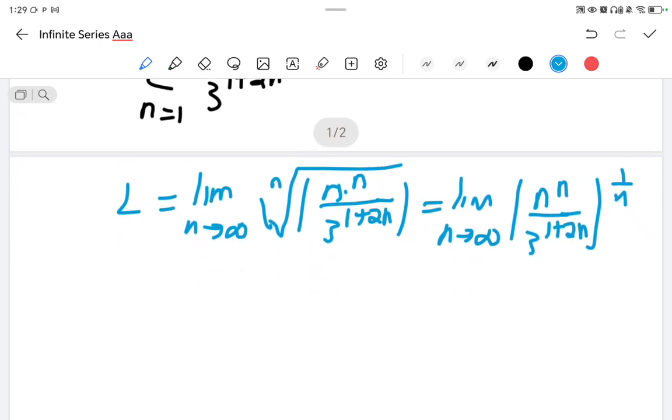Now if I apply that exponent on both the numerator and denominator, the n comes and applies there.